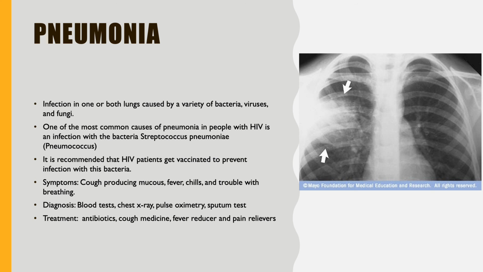Symptoms for pneumonia include cough, producing mucus, a fever, chills, and trouble with breathing. Diagnosing pneumonia includes blood tests, a chest x-ray, the use of pulse oximetry to measure the amount of oxygen in a person's tissues, and a sputum test. To the right here, we have a chest x-ray that can show pneumonia in the lungs, and this white matter in the right lung will indicate pneumonia.